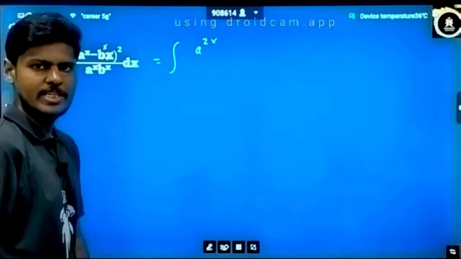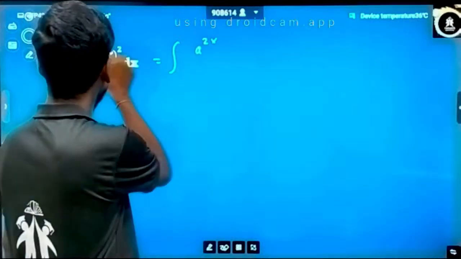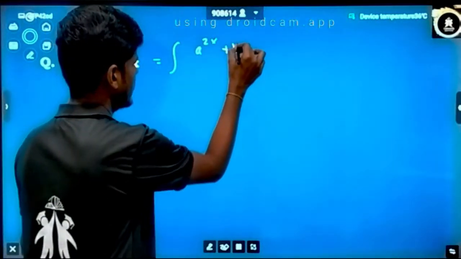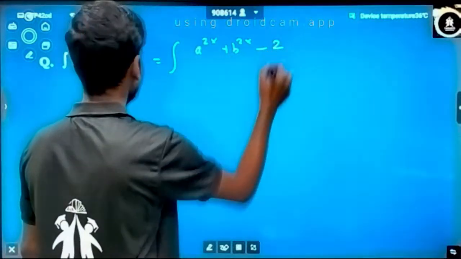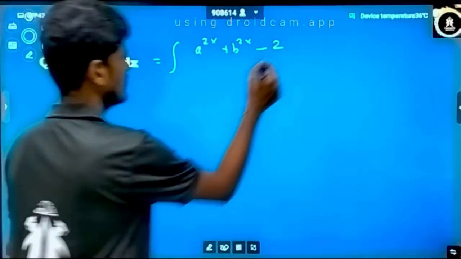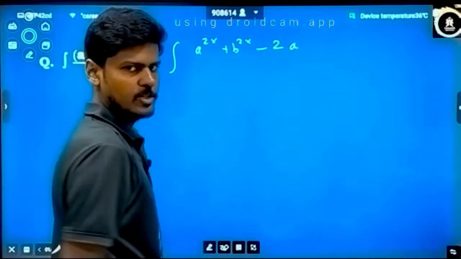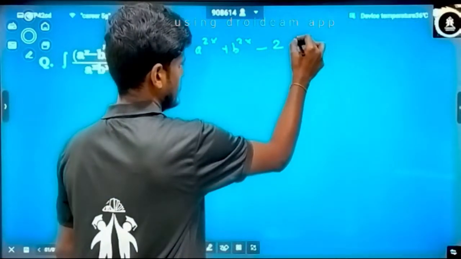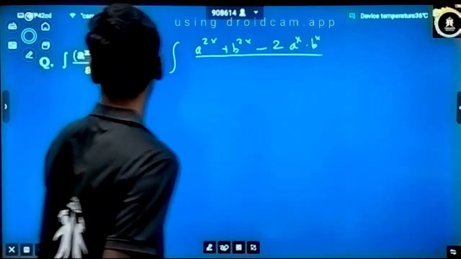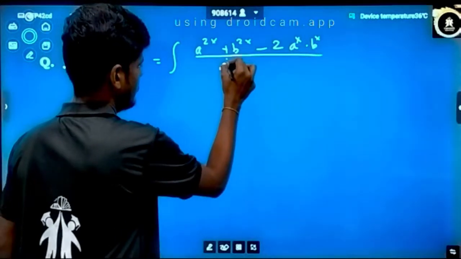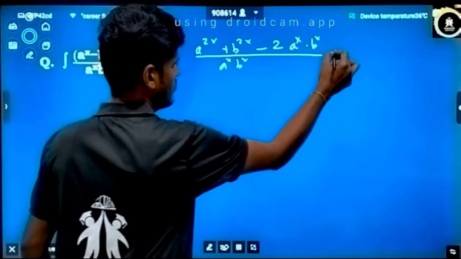A power x whole square is a power 2x. Next plus b power 2x minus 2 times a power x into b power x. Let's write it as a power x into b power x divided by a power x b power x into dx.